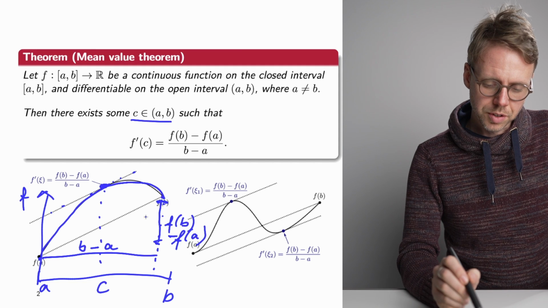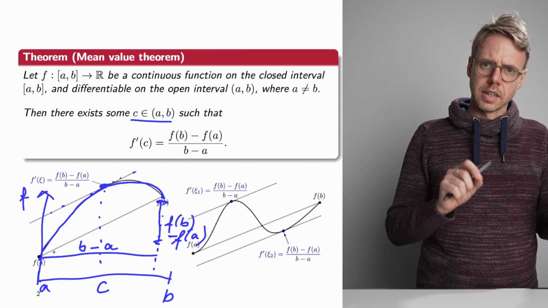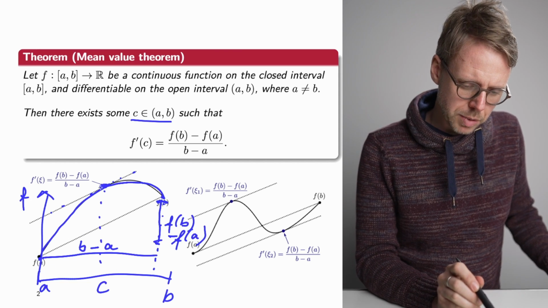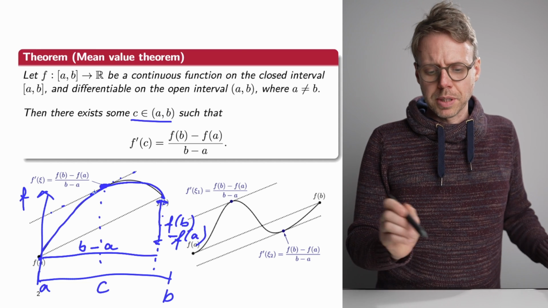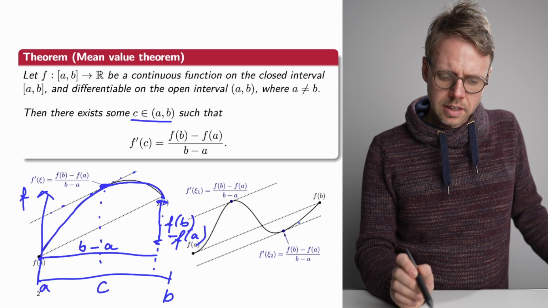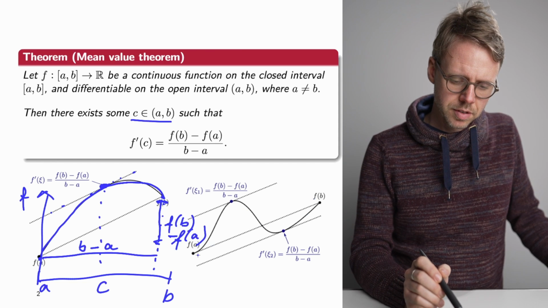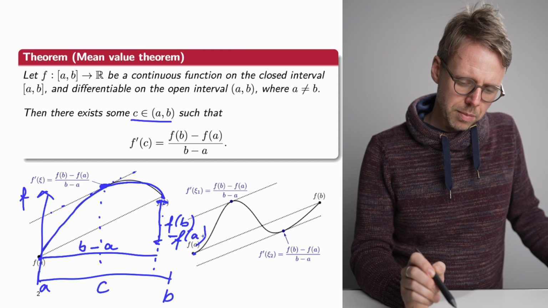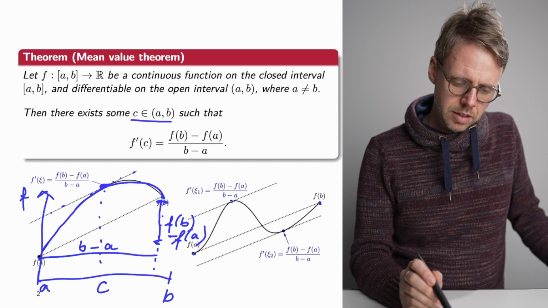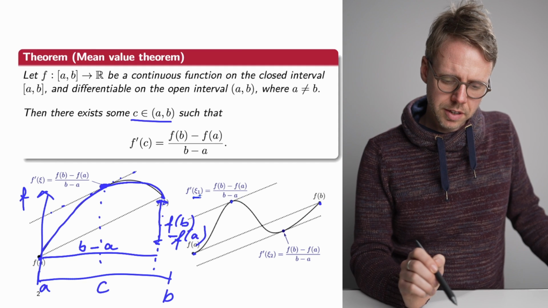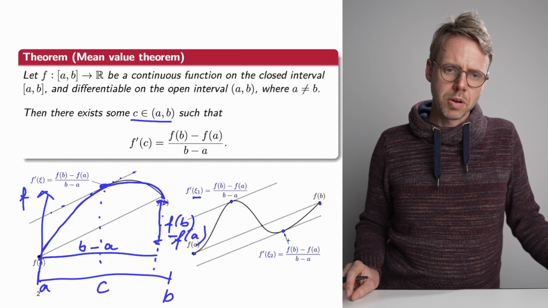The ratio of this difference in the function values and the difference in the inputs of these functions needs to be equal to the derivative at this point. Now, as we can see on the right side, there can be multiple such points depending on the function. For example, here we have our point a, here we have our point b, and we see that there is one point here where this is the case, and there's another point here where the same thing holds.